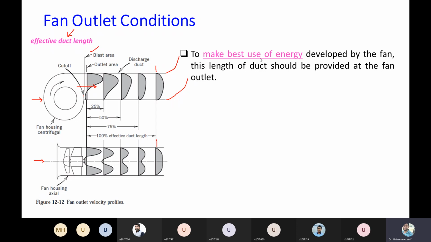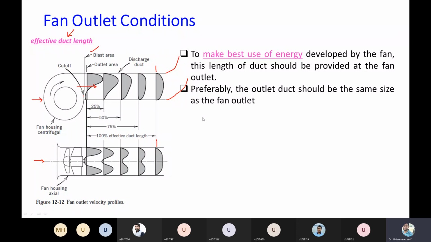This is to make the best use of the energy developed by the fan. This length of duct should be provided at the fan outlet, just to keep the input power of the fan as low as possible. This applies to both the axial fan and the centrifugal fan.